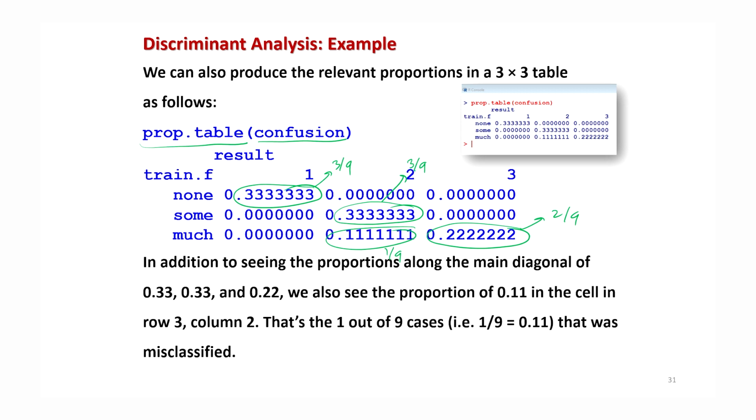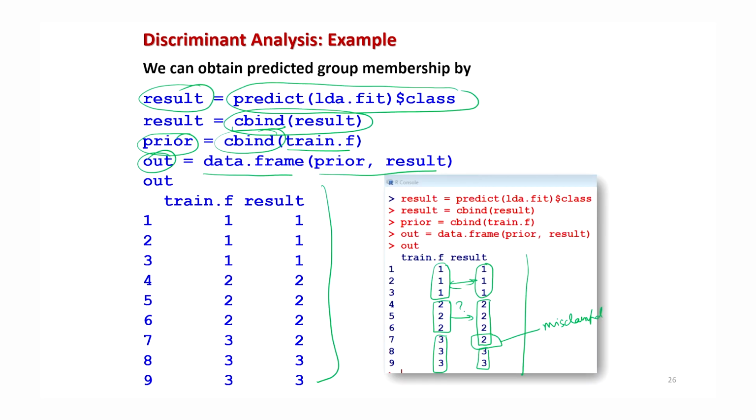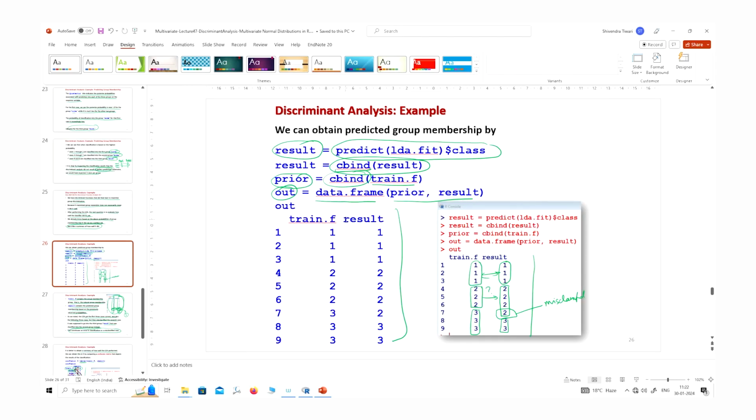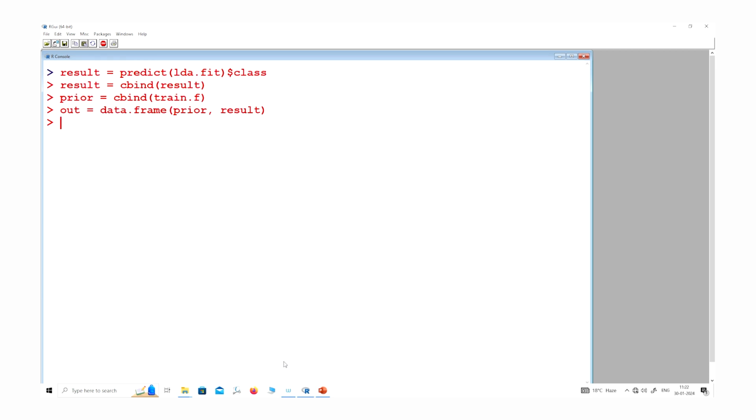So now I try to show you these things on the R console also, right? So let me try to copy this command so that I can save some time here. And you will see here, this is your out, right?